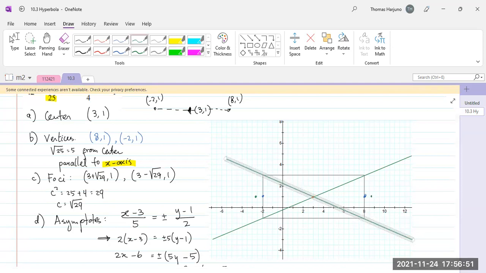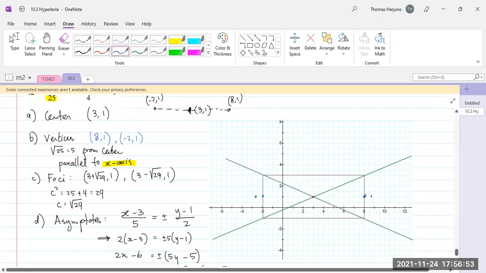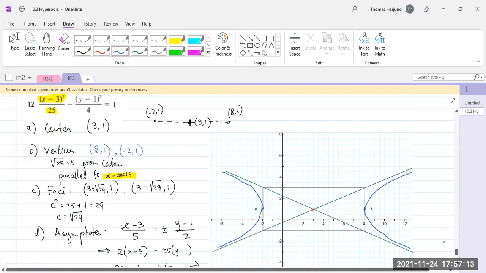Okay. Now the hyperbola will be approximately like this.